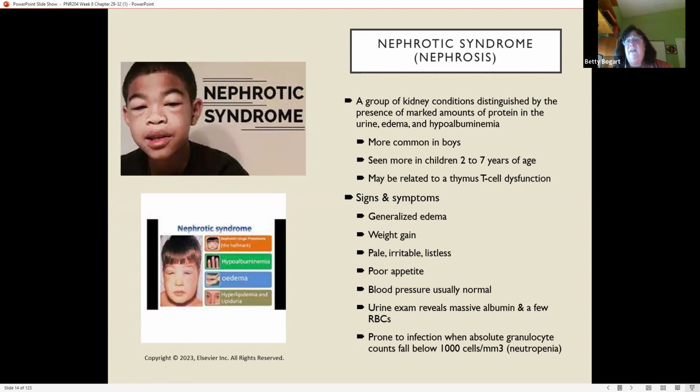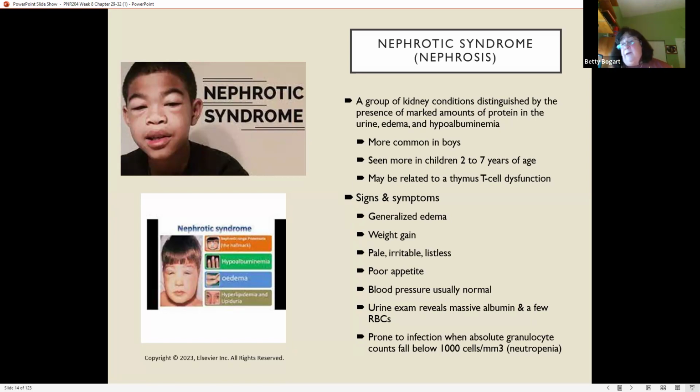If we start seeing them getting pale, irritable, listless, you stop eating, this is when you really need to get them in for care. One of the things with nephrotic, even though they're gaining all this fluid, and many times we would be concerned about hypertension, not necessarily with nephrotic syndrome. Usually it's pretty normal. So what would you see in the urine?